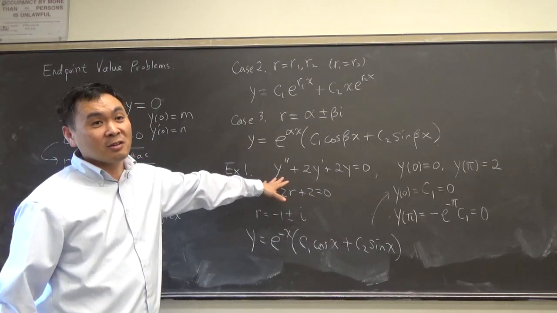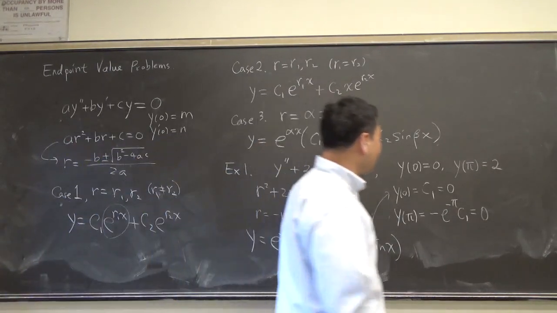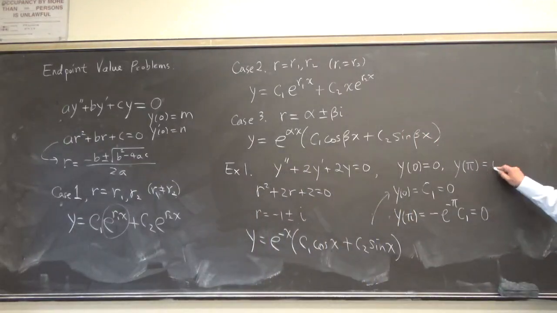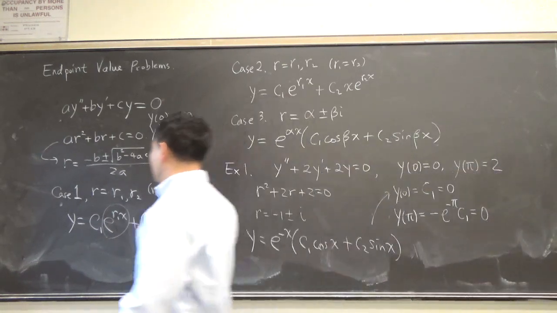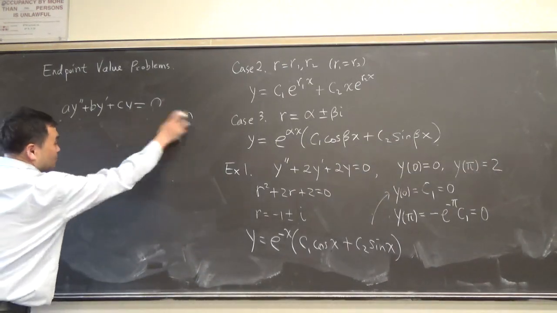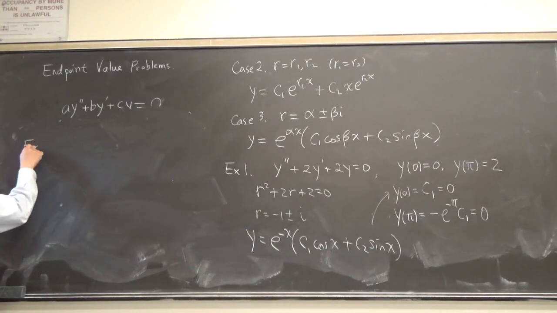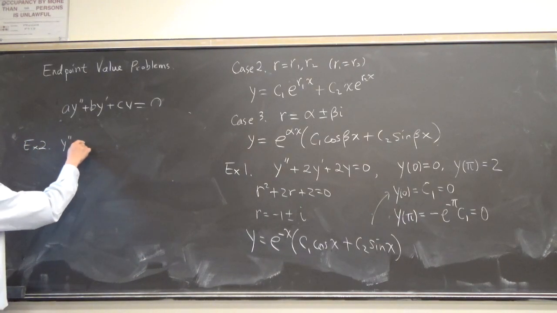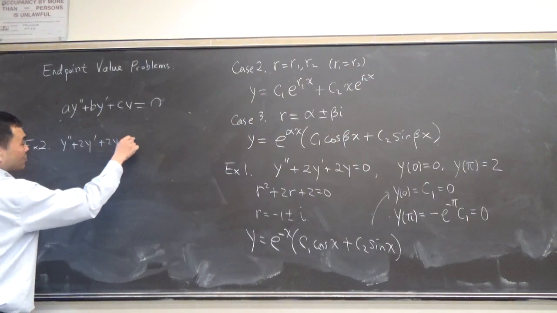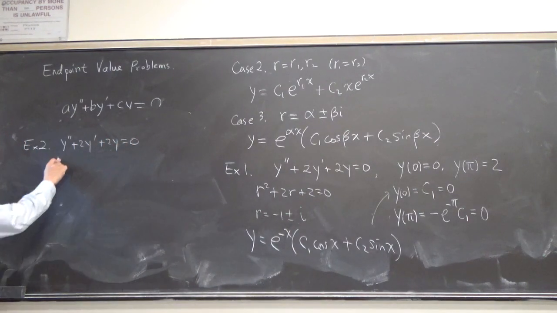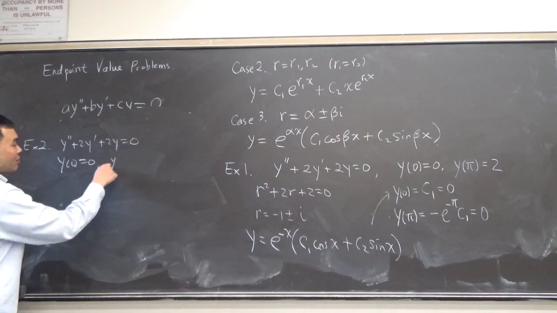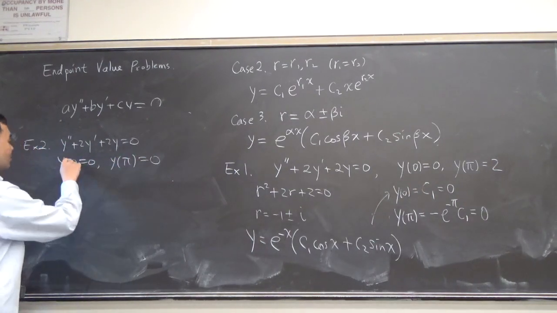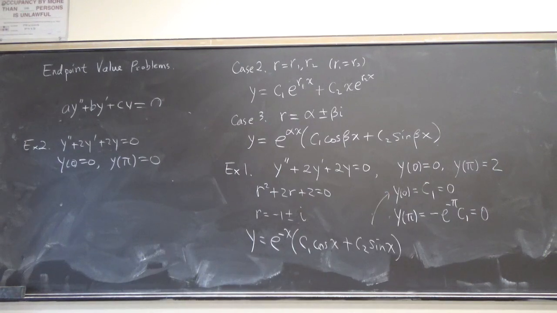Now, what if instead this one was given as 0? Let's say example 2: y double prime plus 2y prime plus 2y equals 0, and y of 0 is 0, and y of pi is 0. Then many solutions exist.